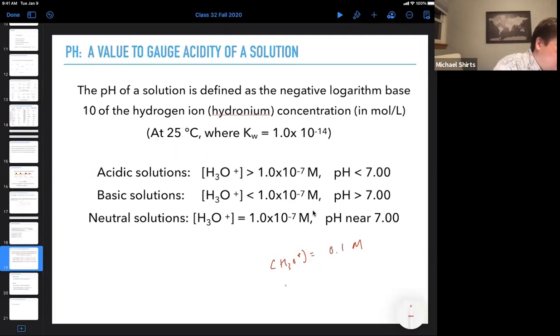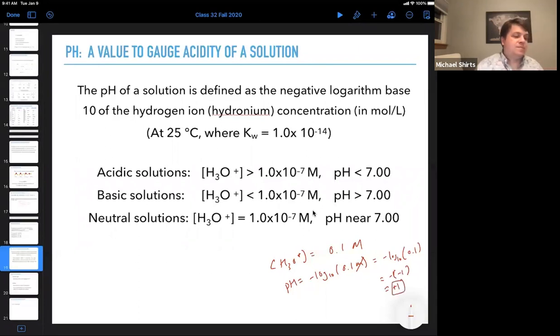In this case, the pH is going to be minus log 10 of 0.1, and that's going to be minus minus 1, or a plus 1. So that would be the pH if that was the concentration of hydronium. You can't take a log of a molar. pH is defined in terms of the log of the concentration in moles per liter.